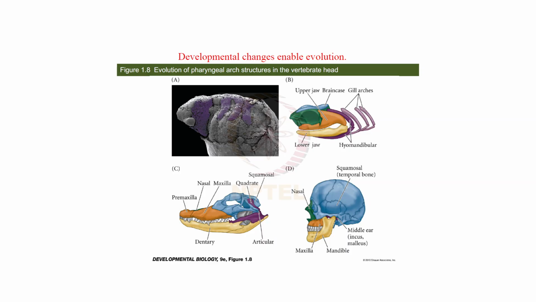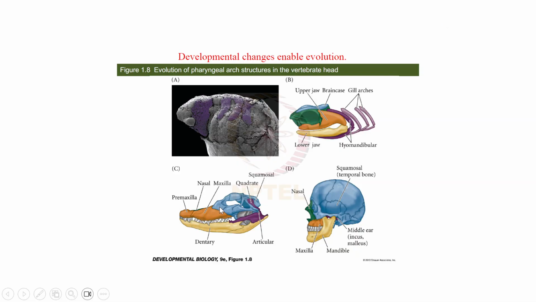Developmental changes are what enable evolution. Look at the lifestyle, the niche in which the organism is living, whether it is terrestrial or aquatic, whether they are herbivores or carnivores, what kind of food they are having. Depending upon that the changes happen, and that leads to the evolution of an organism.